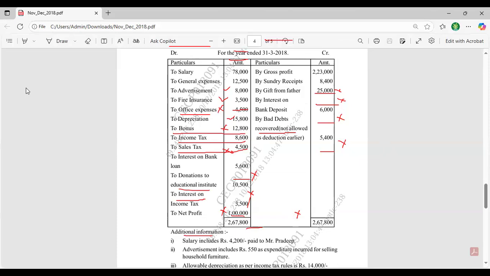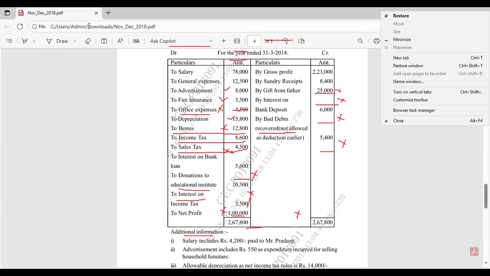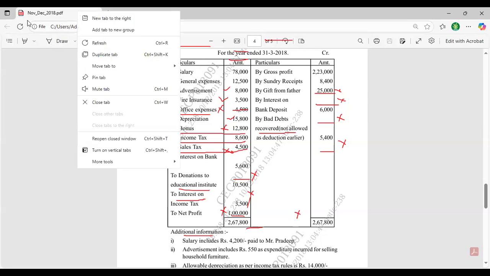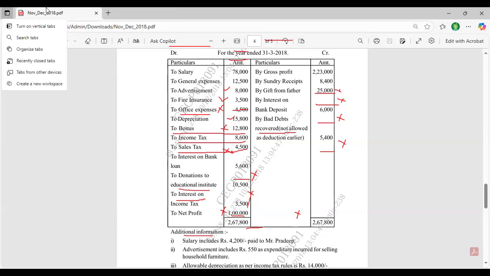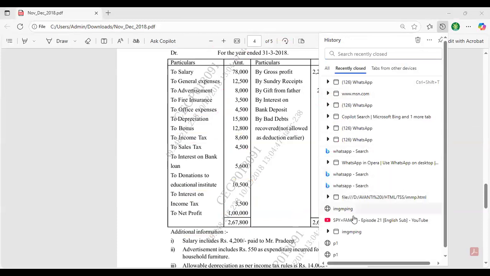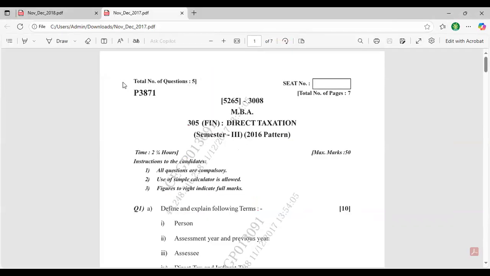Now let's talk about another paper. So this is the 2016 pattern.